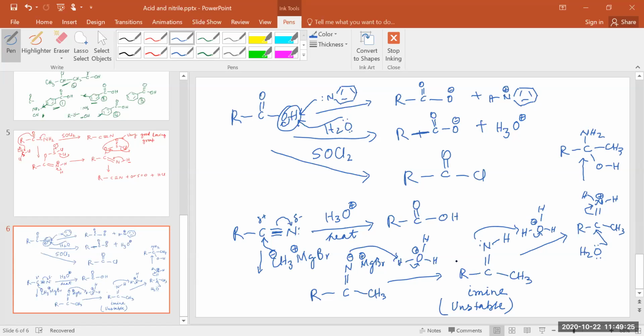Okay. So in the next step, the nitrogen will break off, and this oxygen will take a proton from water because of the acidic condition, and this bond will break off, and the product will be a ketone. Okay.